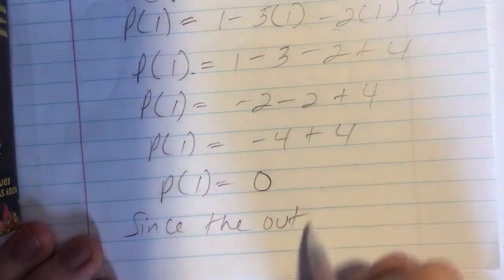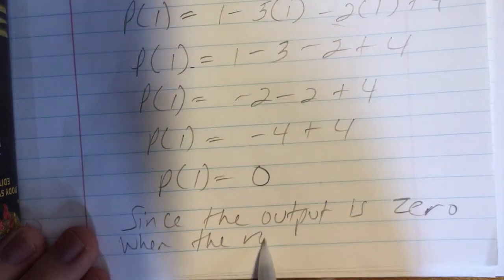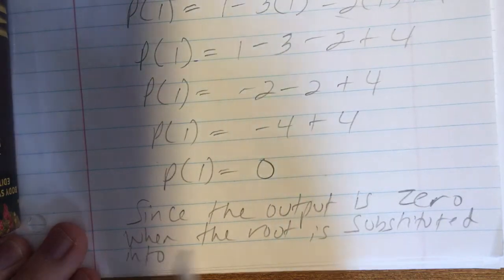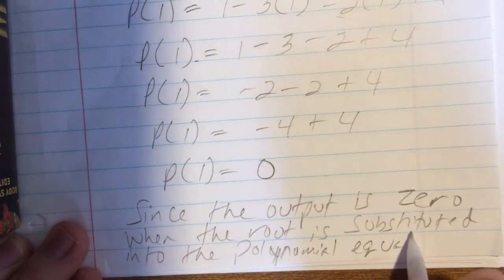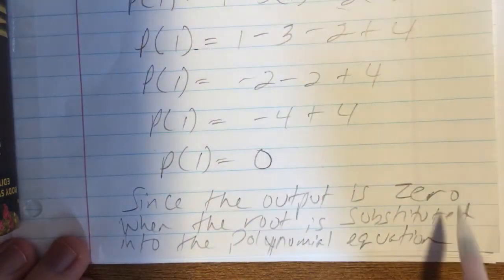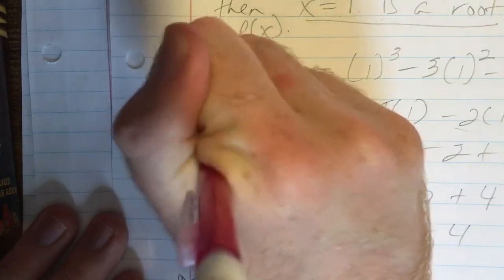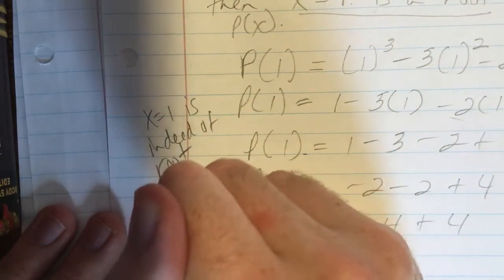Since the output is 0 when the root is substituted into the polynomial equation, x equals 1 is indeed a root, and x minus 1 is indeed a factor. That's how you go about solving that one.